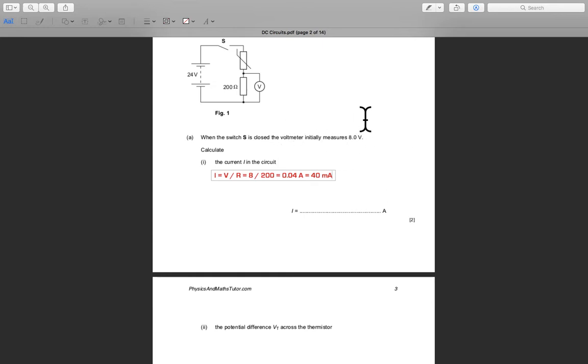The voltmeter measures 8 across the 200 ohm, so on the thermistor V1 equals 24 minus 8, which is 16 volt.